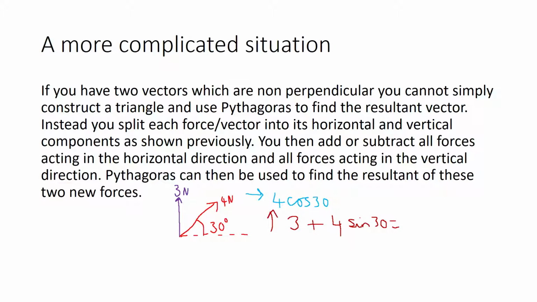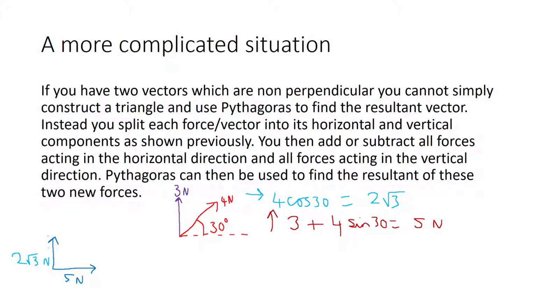So 4 sine 30 is 4 times a half, plus 3, so we're going to definitely have 5 newtons, and here we have 4 cosine 30, which is 2 root 3. So here we have a 5 newtons vertically and 2 root 3 newtons horizontally.